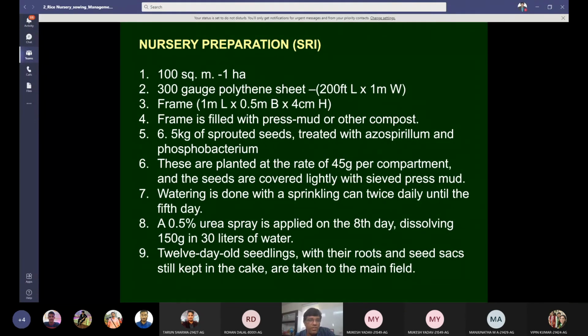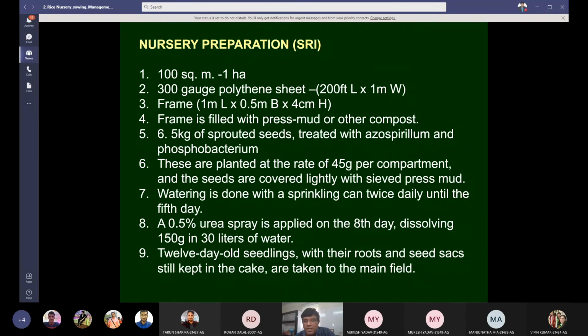Then 6.5 kg of sprouted seed treated with azospirillum and phosphobacterium is used. Generally very little seed is required, and you can change this according to germination and other factors. In SRI, you need a very small quantity of seed.